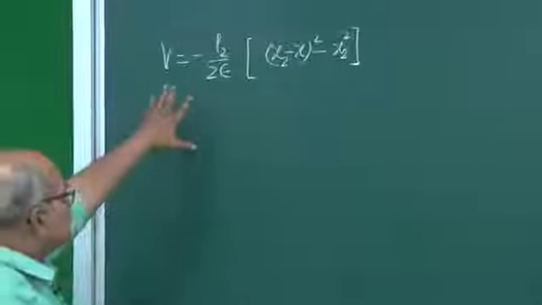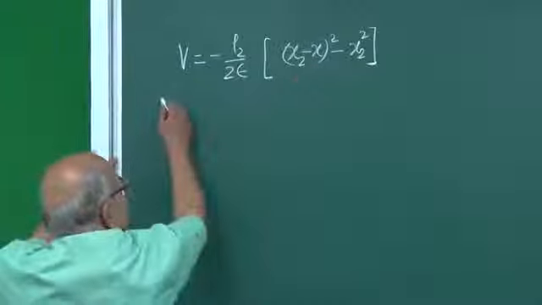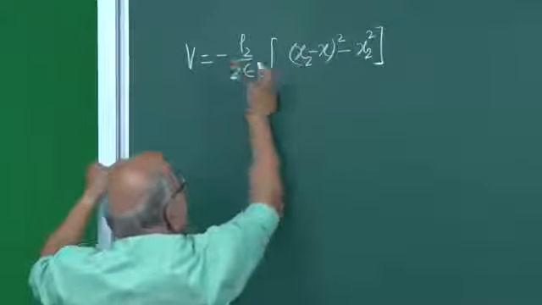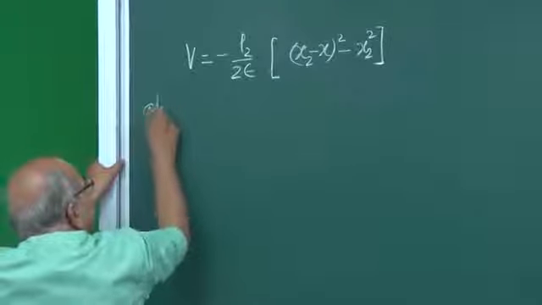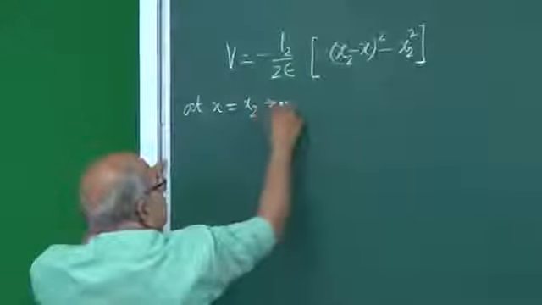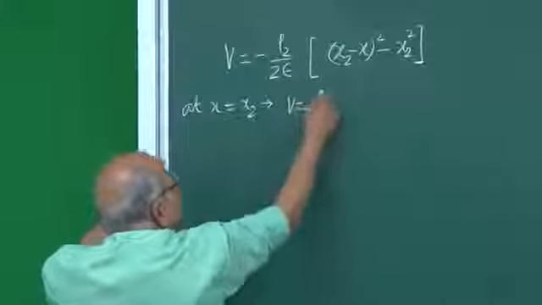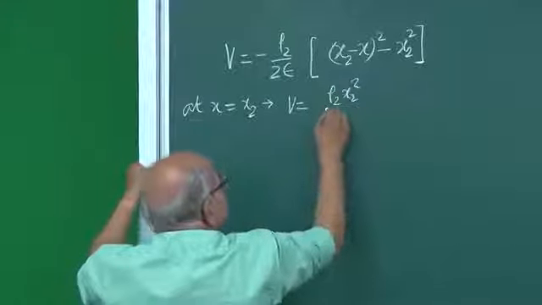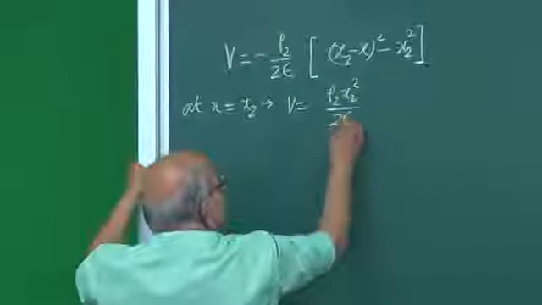So at x equal to 0, this is 0, and at x equal to x2, it is V equal to rho 2 x2 square divided by 2 epsilon, right?